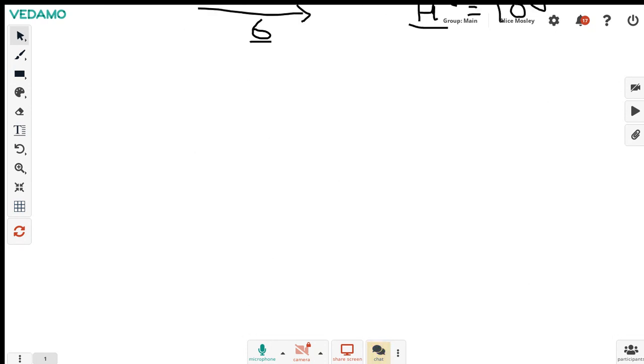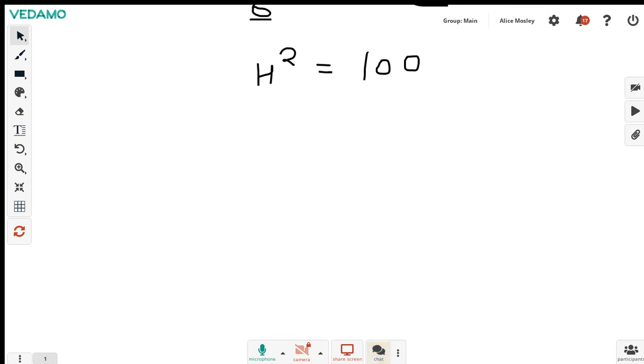So we had h raised to power 2 is equal to 100. Now always remember, when you see something raised to power 2 and you have to find the value of that, the best thing to do is to convert the other number, this 100, into raised to power 2.